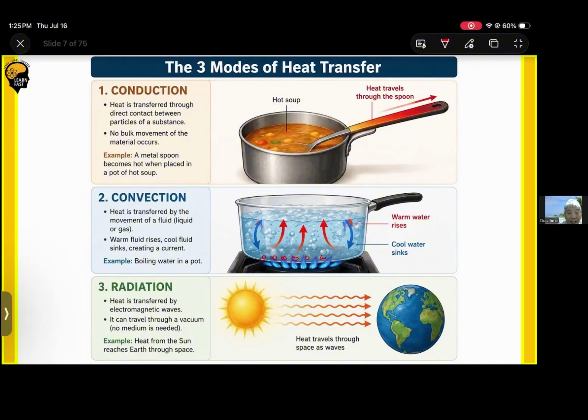Heat transferred by electromagnetic waves is termed radiation. Radiation can travel through a vacuum. No medium is needed. For example, heat from the sun reaches the earth through space. That is radiation.